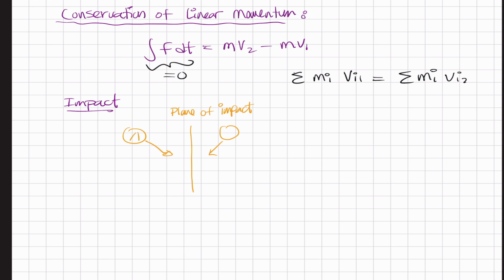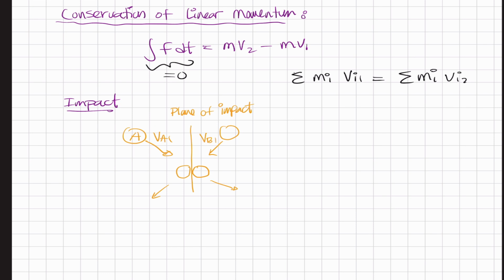We have mass A going with the velocity vA1. We have mass B going with a velocity of vB1. At the moment of impact, they both arrive at this plane, so their surfaces are tangential to the plane of impact, and then they go their separate ways.